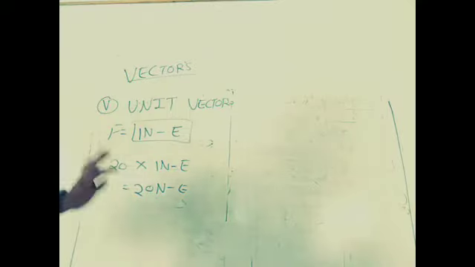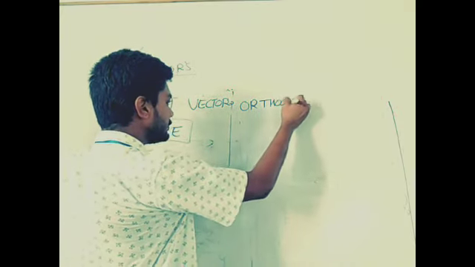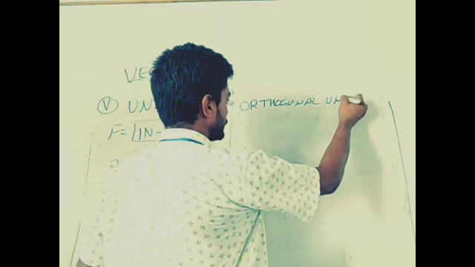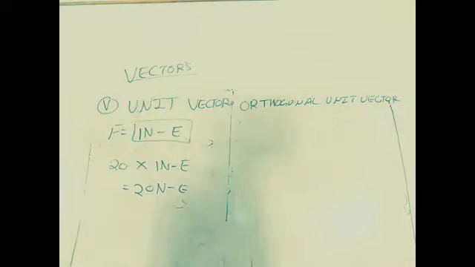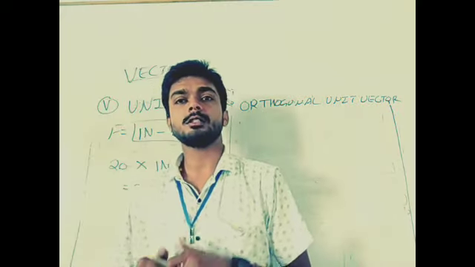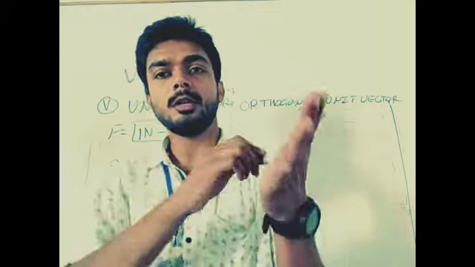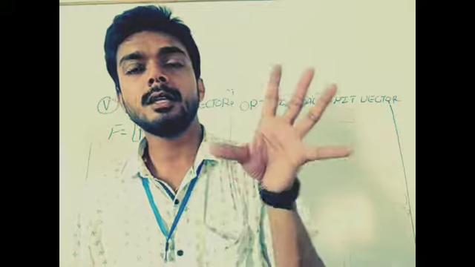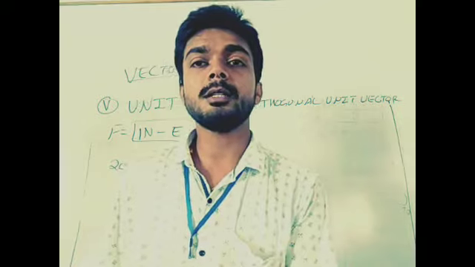Then students, there is a type of unit vector known as the orthogonal unit vector. What are the orthogonal unit vectors? Whenever we study the topic of vectors, we will use pen and paper, and everything will be drawn on the paper. To represent any particular quantity diagrammatically, the best method is the graphical method.